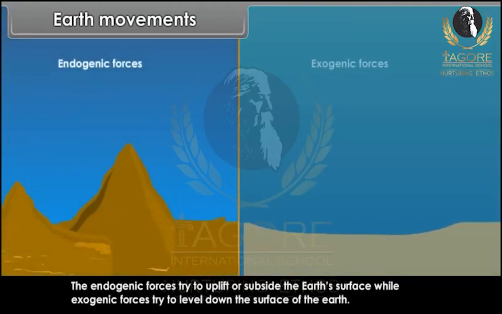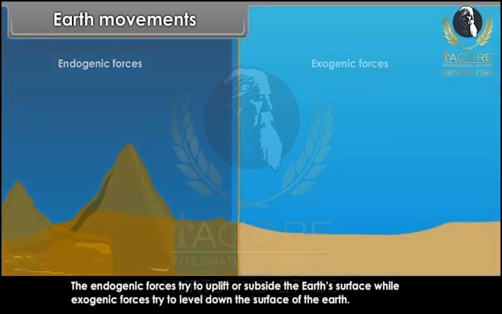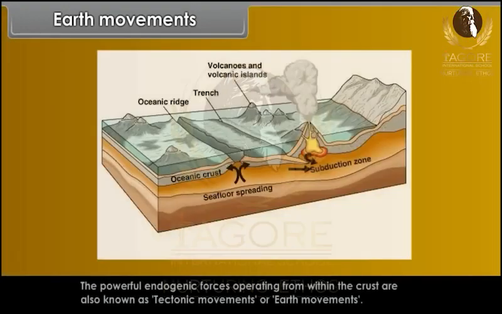The endogenic forces try to uplift or subside the Earth's surface, while exogenic forces try to level down the surface of the Earth.